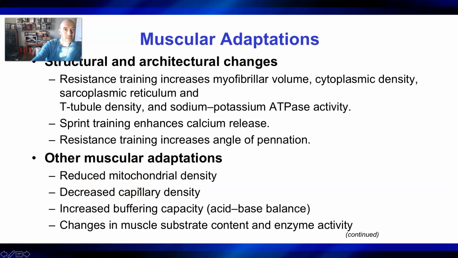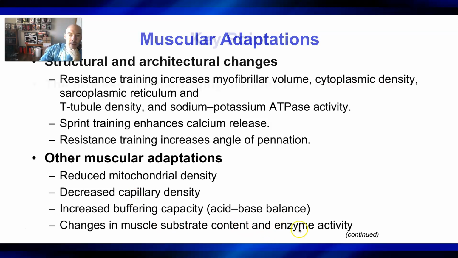And your muscle has to sort of make a trade-off at a certain point. You either want to go aerobic or anaerobic. If you're going anaerobic, we have to reduce some of the aerobic machinery, and that's what we're looking at here. On the other hand, if we were doing aerobic adaptations, which we will do later in another chapter, these things might go down, these things might go up, right? So this is sort of an either-or type of situation.